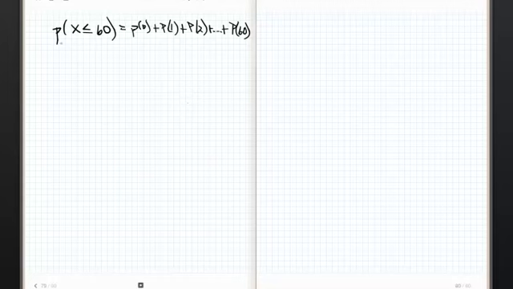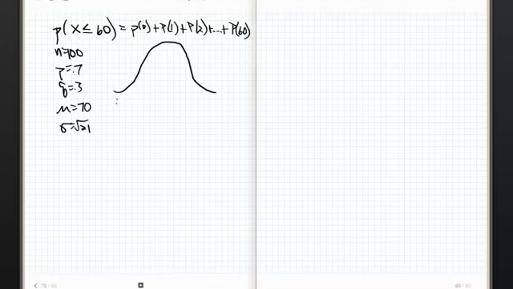So I'm going to rewrite my stuff. n equaled 100, p was 0.7, q was 0.3, mu was 70, and sigma was the square root of 21. Let's think about this, because we're going to do something a little bit crazy here that might make you nervous.